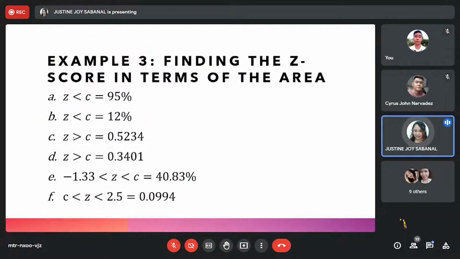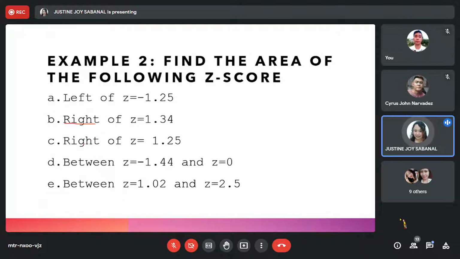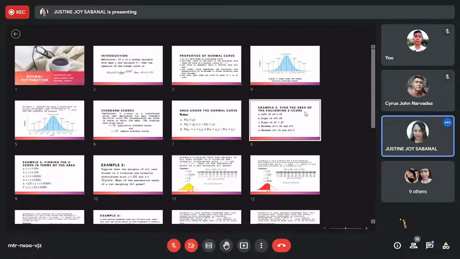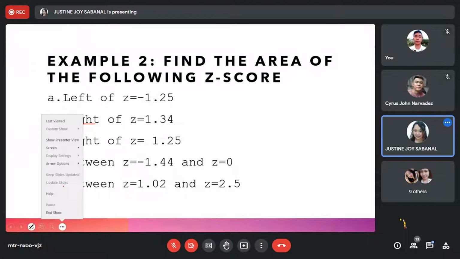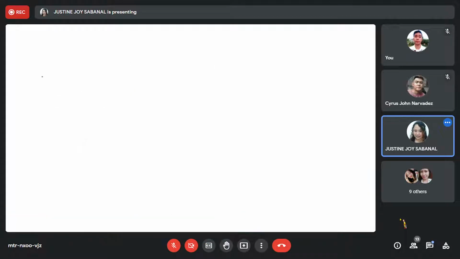So try to answer this. C to the right of Z is equivalent to 1.25. So C right of Z is equivalent to 1.25.